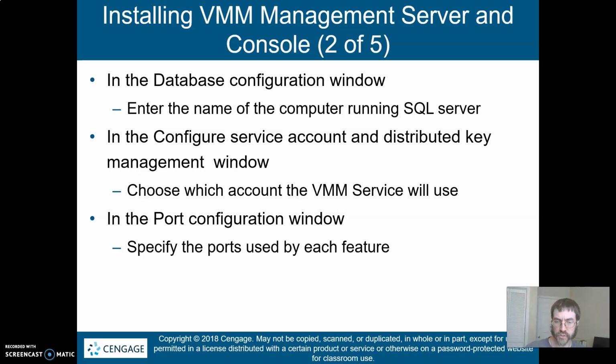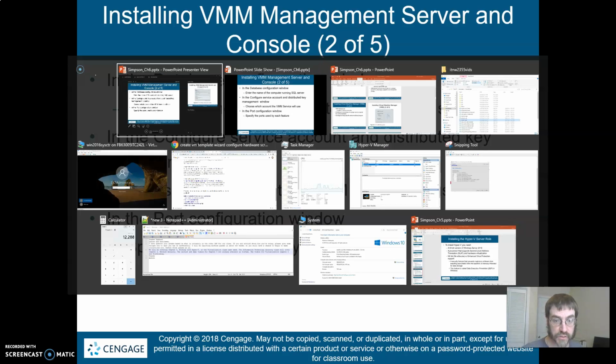In the port configuration window, you're going to specify the ports that will be used by each feature. If you don't need to change anything, just leave it alone. It may come out of the box running the VMM server on port 8100. It'll use port 443 for SSL because, of course, this is Active Directory and it's got Kerberos under the hood.